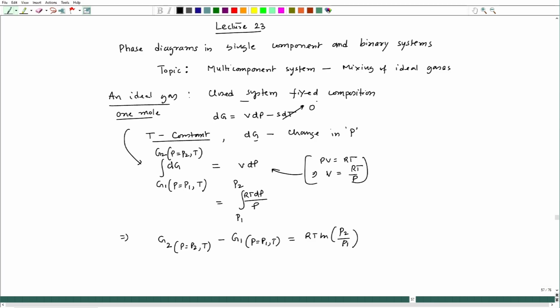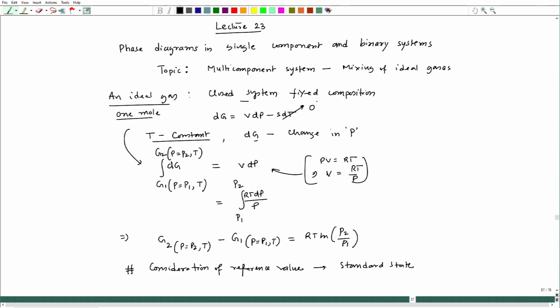That should be the equation after integration. Here comes the consideration of a reference value. This reference value will give us an idea of standard state.